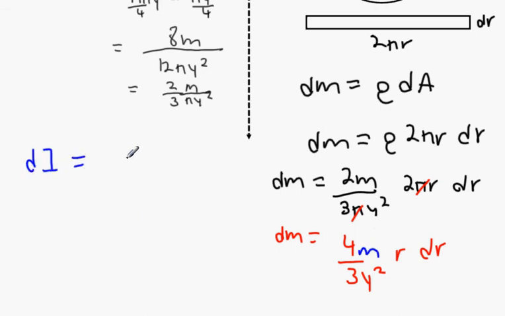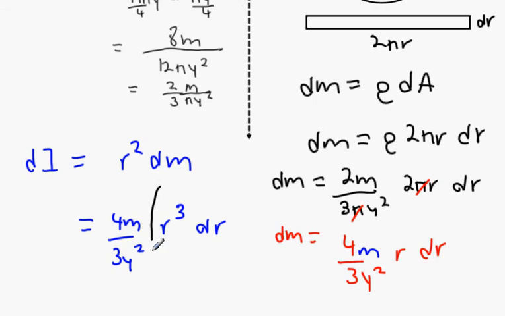dI equals r squared dm. Now integrate both sides and change that to a dr. So it's going to be 4m over 3y squared, r squared times r cubed, not plus, multiply.